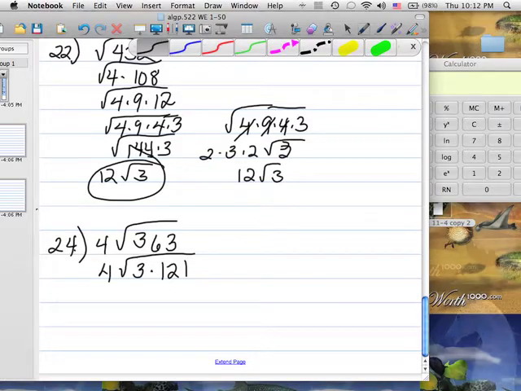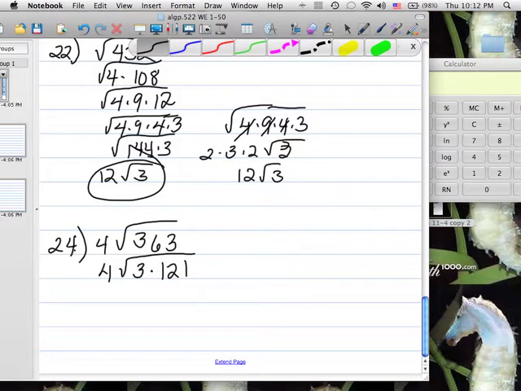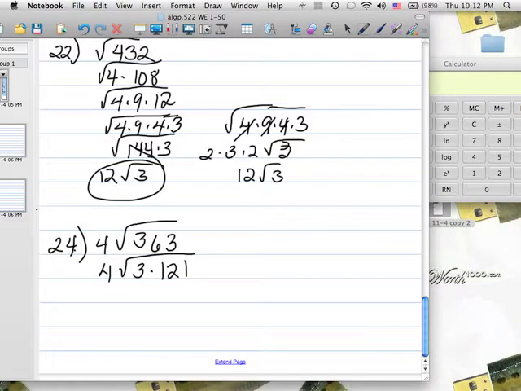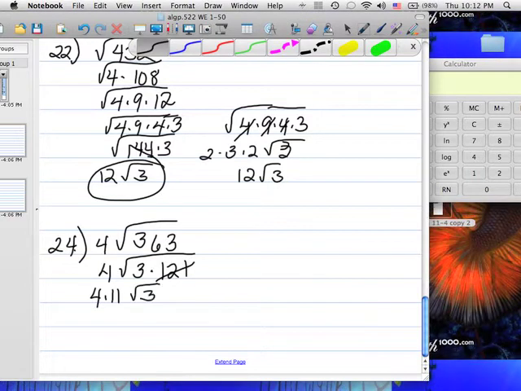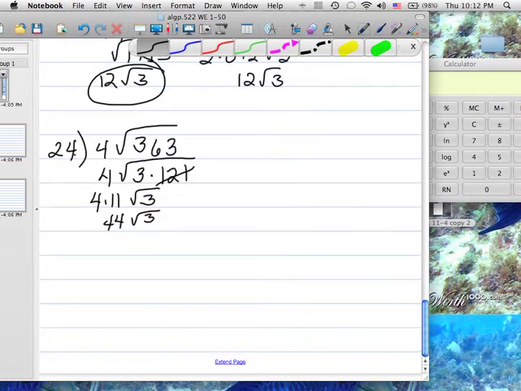Oh, there's our perfect square, 121. Sometimes you just got to keep trying different numbers and seeing what you can come up with. It's a little bit of work. So I can take out the square root of 121, which is 11. Radical 3, so I get 44 radical 3.